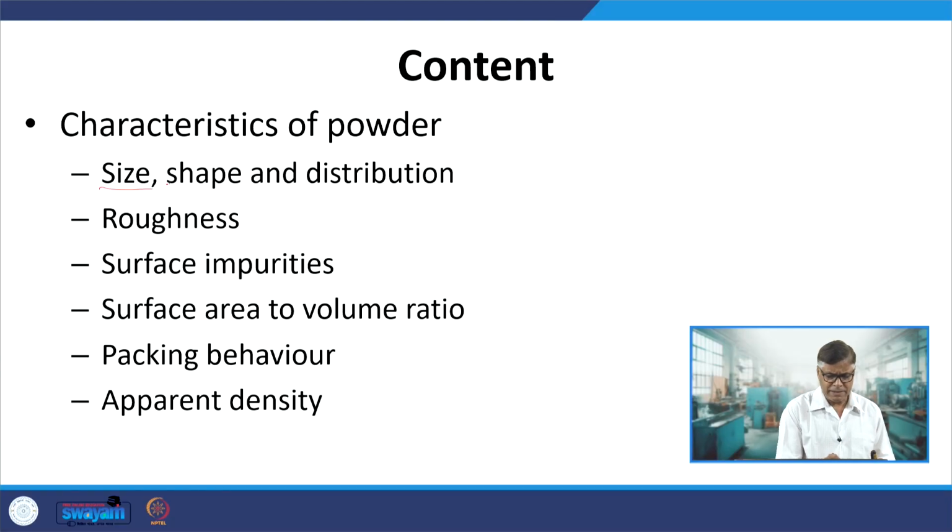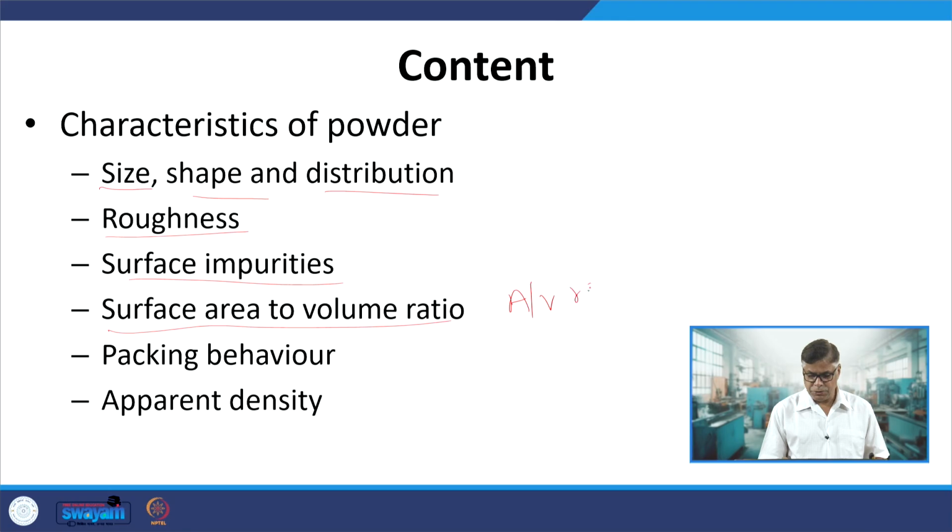As far as the various characteristics of the powder particle are concerned: the size, shape and distribution, then surface roughness of the powder particle, surface impurities, and surface area to volume ratio, known as the A by V ratio. Surface impurities include the presence of oxides, oil, moisture or anything like that.